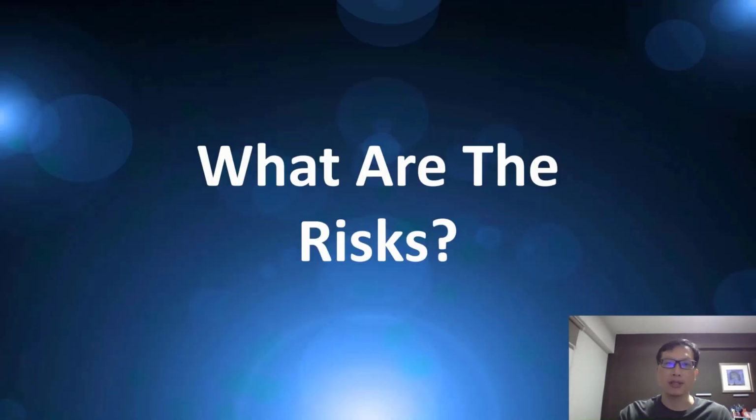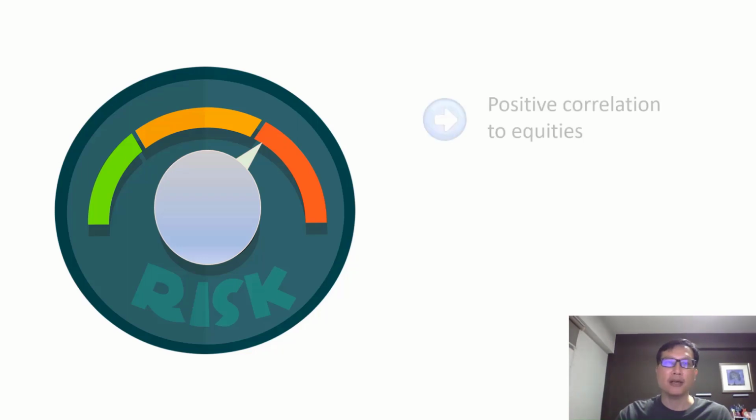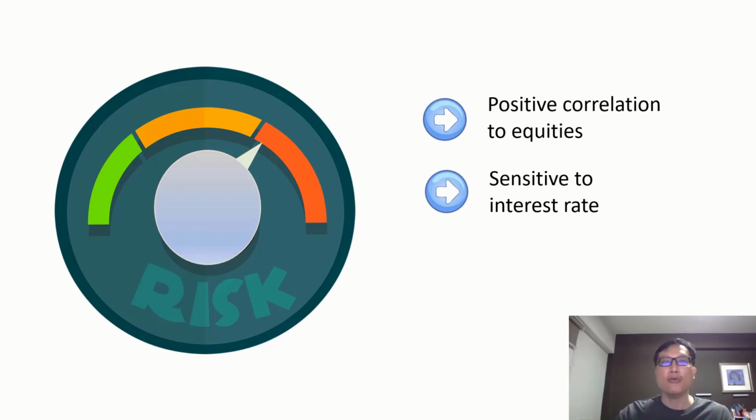Now, what about the risks? As mentioned earlier, REITs are positively correlated to stocks, hence they tend to go down during a stock market crisis as well. And secondly, REITs are also highly sensitive to interest rates, due to the fact that the returns are purely derived from fixed income.